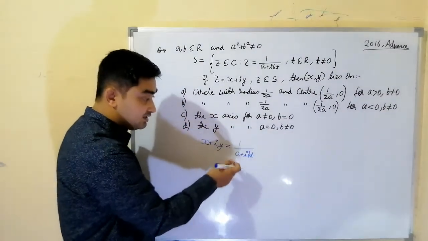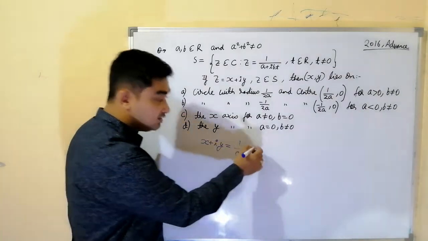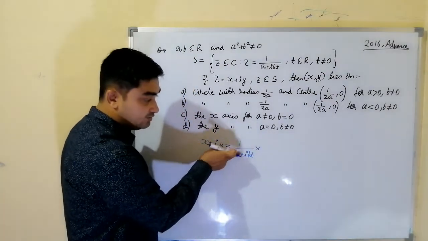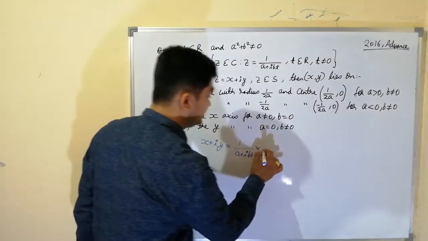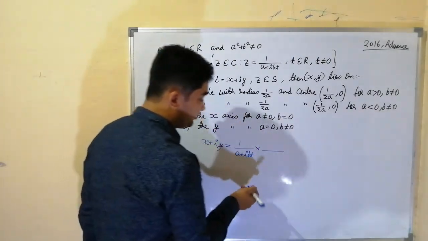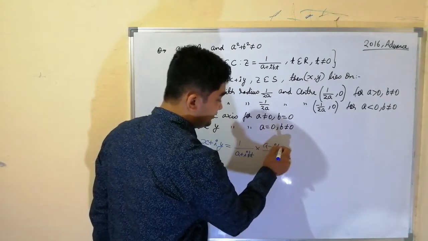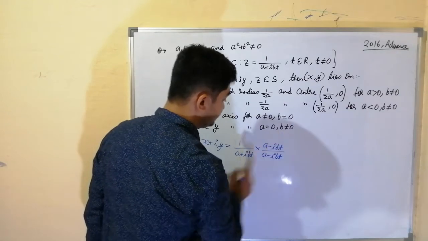But on the right hand side we cannot tell what the real part and the imaginary part are. To find them, we multiply numerator and denominator by the conjugate of the denominator. Multiplying the same thing in numerator and denominator will not change the value of the right hand side. So we multiply and divide by a minus iota bt.